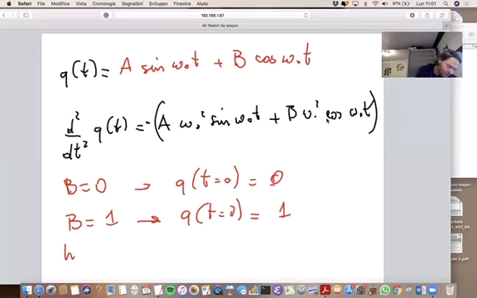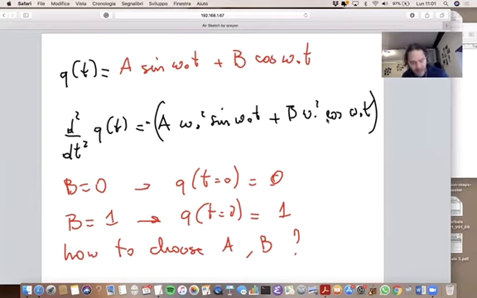So how to choose A and B? That's where you use the fact that in order to predict the position of a state at some time, you need the complete knowledge of the state at some previous time.